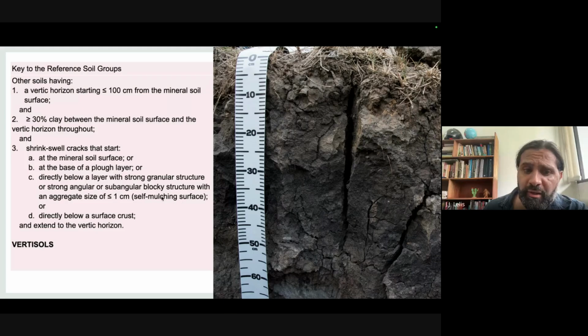It's quite common on this self-mulching because of the expansion and contraction, the shrinking and swelling of materials, okay?